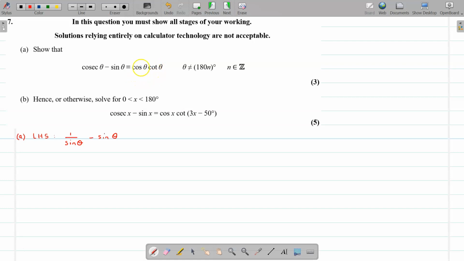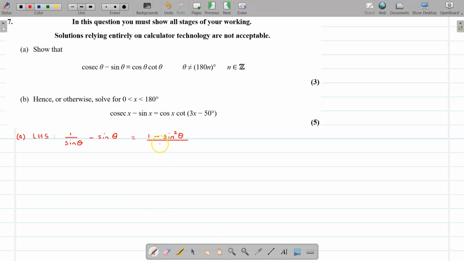Okay, but what I can say is that that is the same as 1 minus sine squared theta all over sine theta. Okay, now be careful about missing out too many steps.